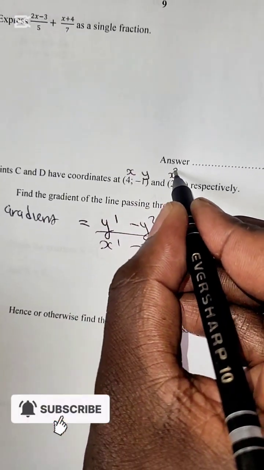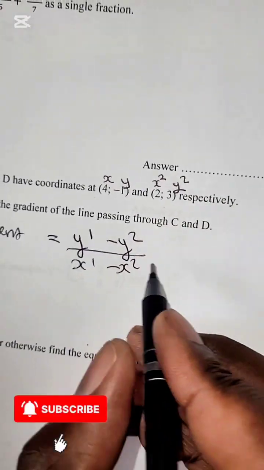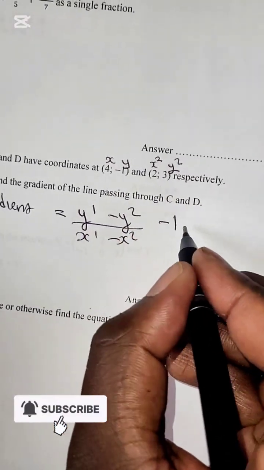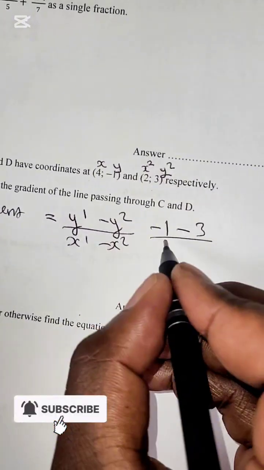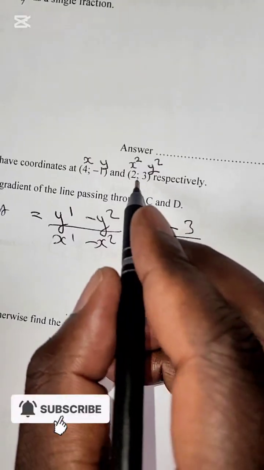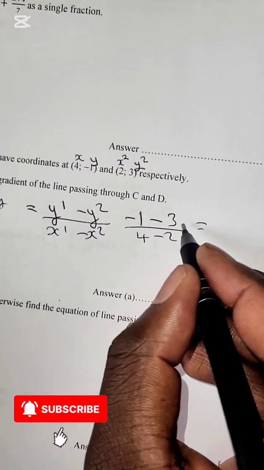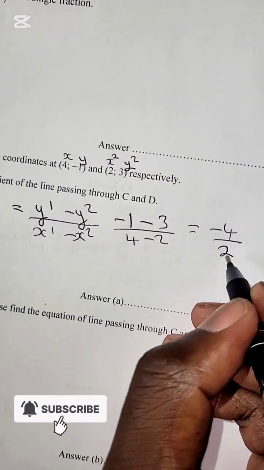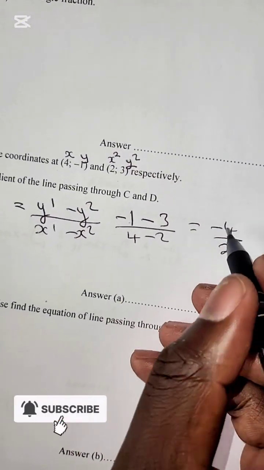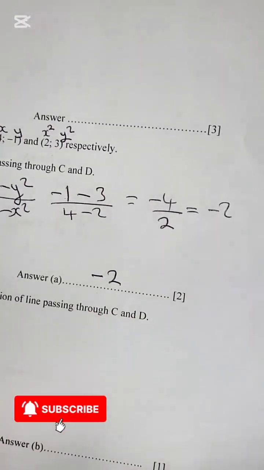So y1 is -1 minus y2, which is 3, over x1, which is 4, minus x2, which is 2. So -1 minus 3 gives -4, over 4 minus 2, which is 2. So -4 divided by 2 is -2. Our gradient is -2.